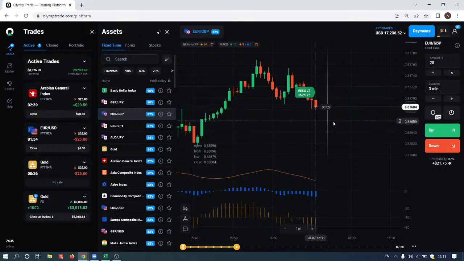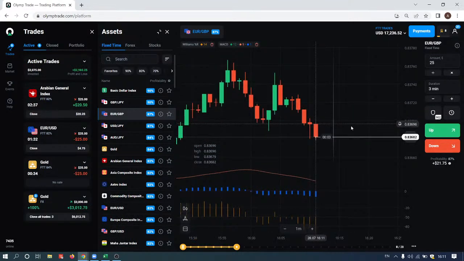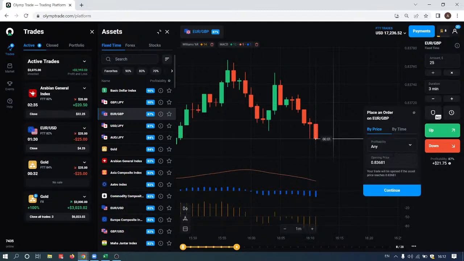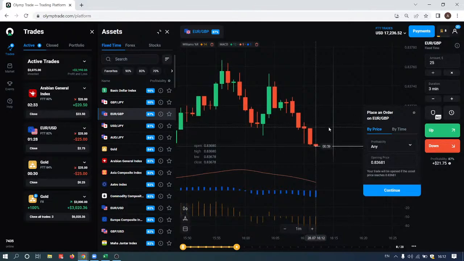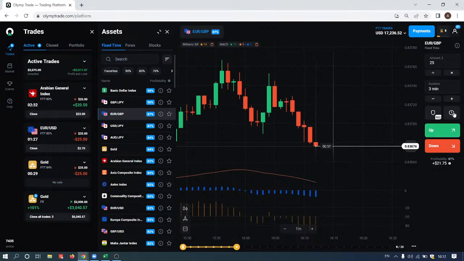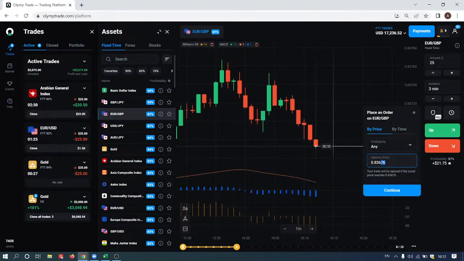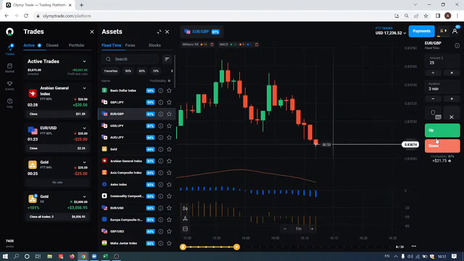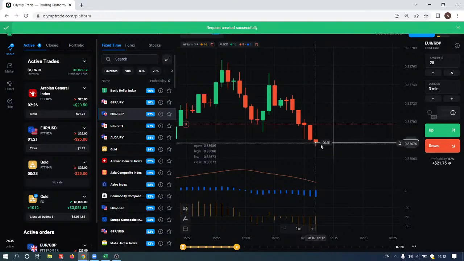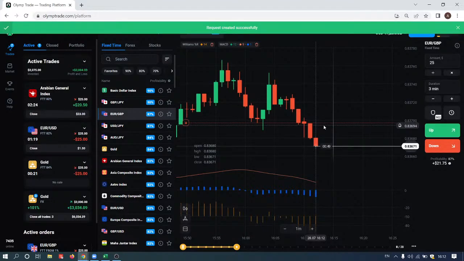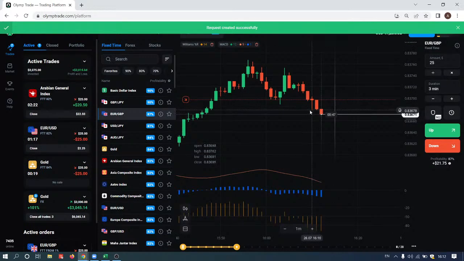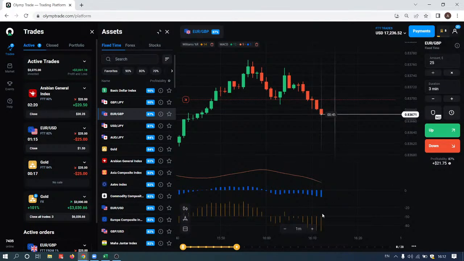So now what I'm going to do in this case is I want to use the help of pending orders. So I want to set a pending order which will be triggered once the price goes up to this level. So even though I have a signal for a down trade here, right now I want to wait for a little pullback.